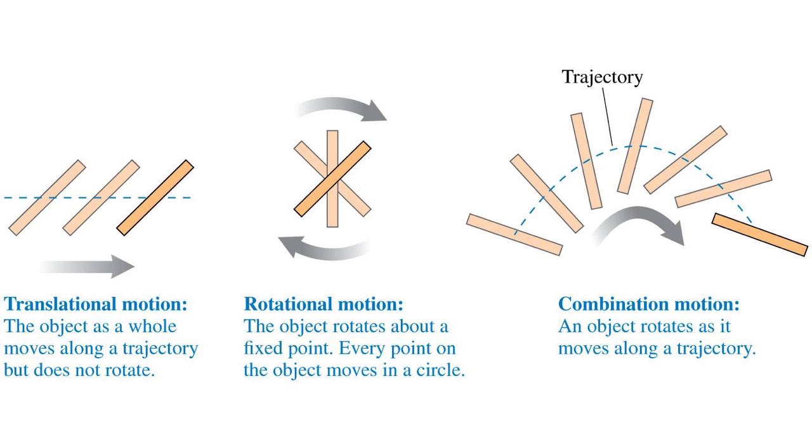Another example of parabolic trajectory for a football with spin is not end over end, but a good spiral pass. Another example, punters in a football game, if they're trying to go for distance and height and hang time, they'll try to put a spin on the football so that it goes through a nice spiral motion.